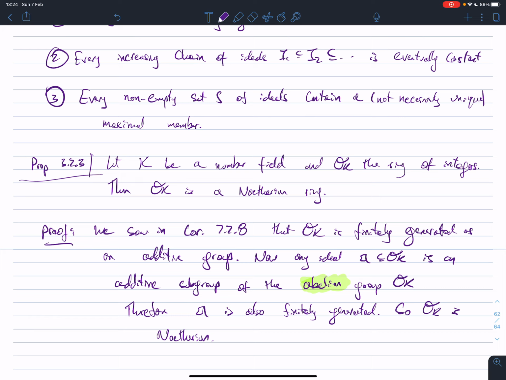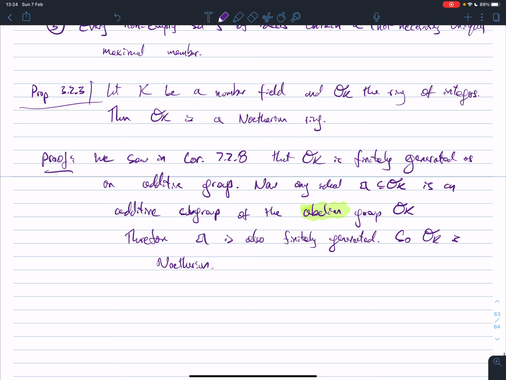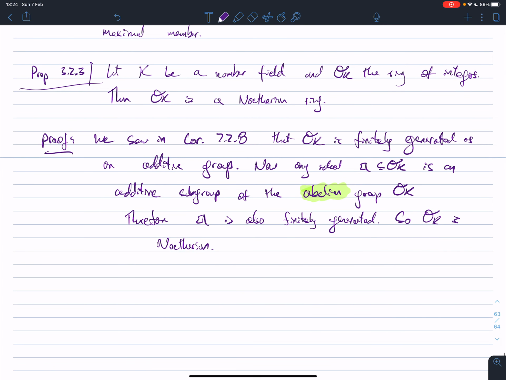This is weird, but you can find subrings of some non-commutative rings which are not finitely generated. If you're non-commutative, then the thing doesn't work. But here, the key word is that O_K is an abelian group. Cool. So these rings of integers are Noetherian, which is good.